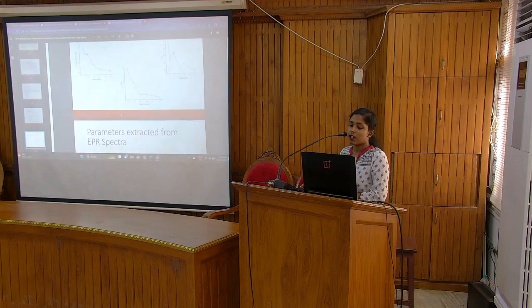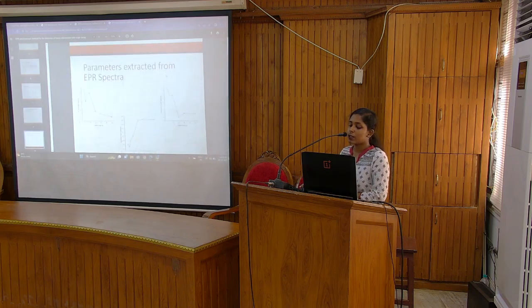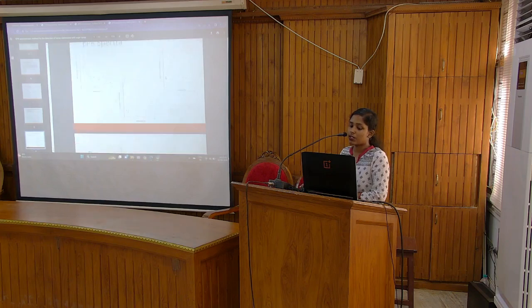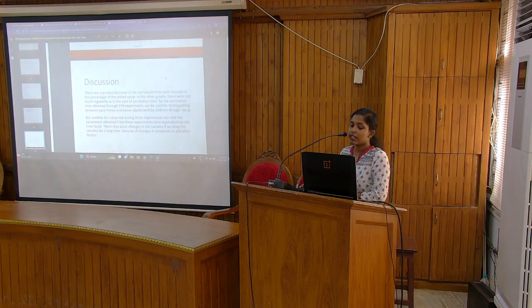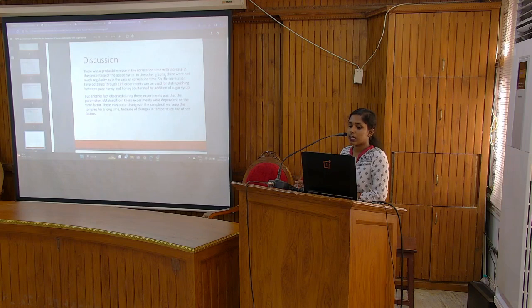From these graphs, we can see that the graph for correlation time shows a gradual decrease, whereas that for first line width, second line, third line width and many other parameters does not show a gradual decrease. The gradual decrease in the correlation time with the increase in the percentage of sugar syrup added can thus be used as a method for detecting adulteration in honey.